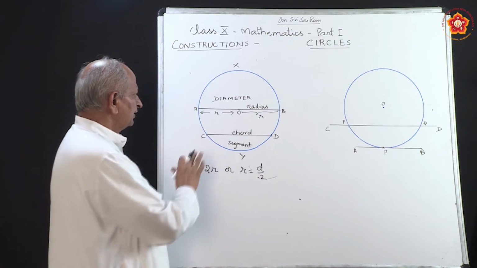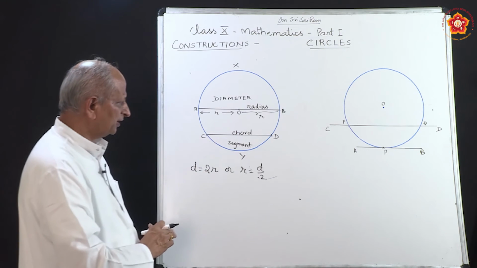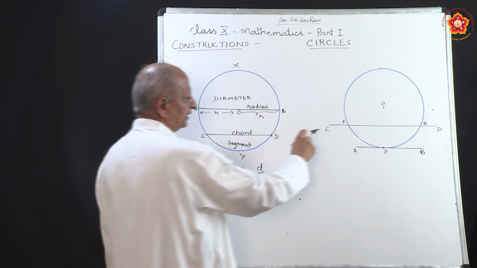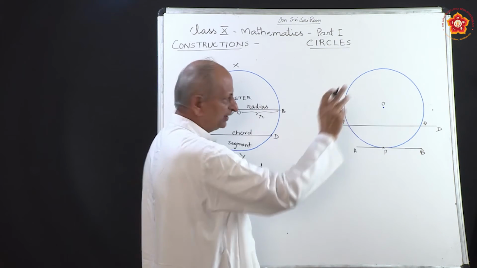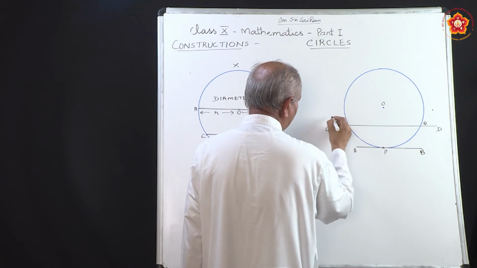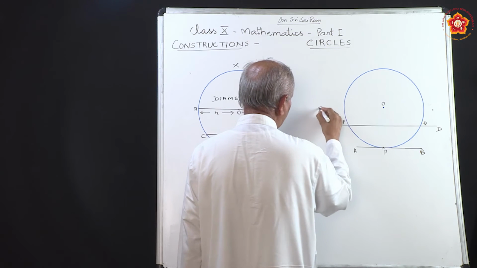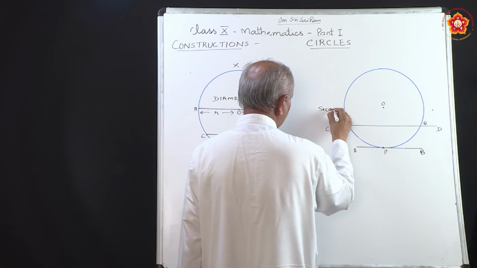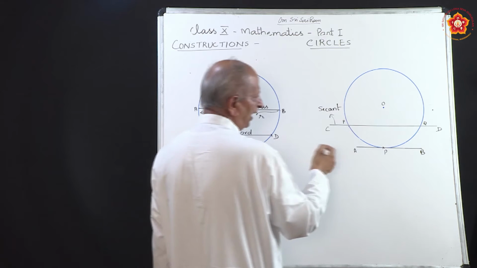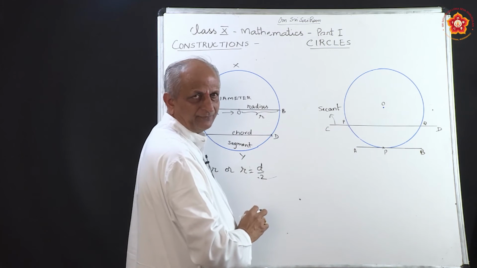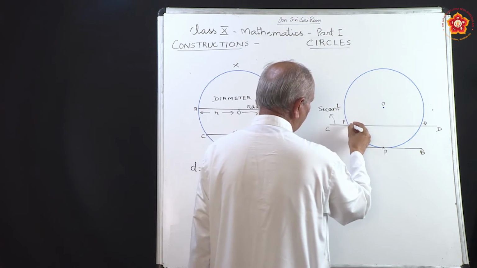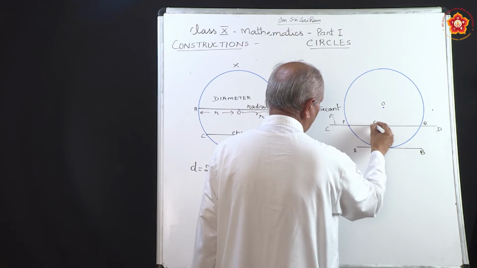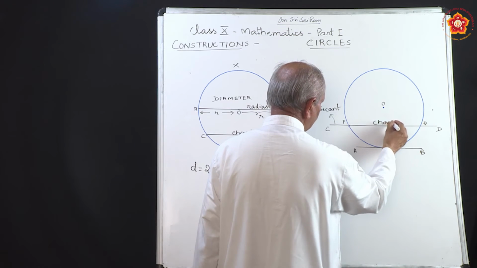And coming to some more definitions of circle, here you see one line is drawn called CD, passing through the circle, and that line is called secant. Secant is a line which passes through the circle, cutting the circle in two specific points, namely P and Q, and it makes a chord.